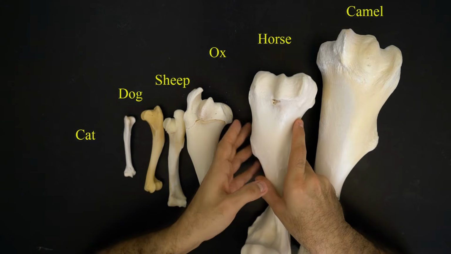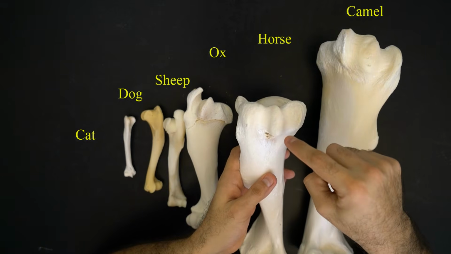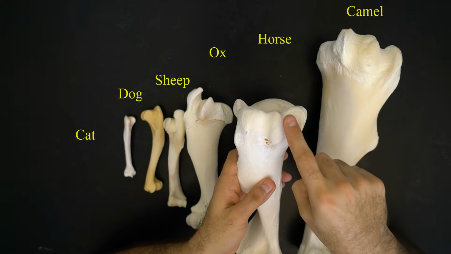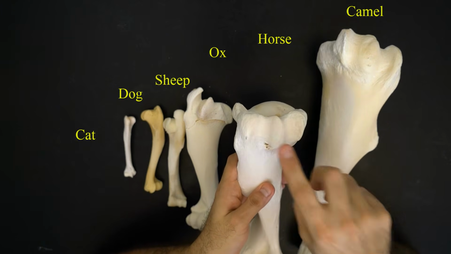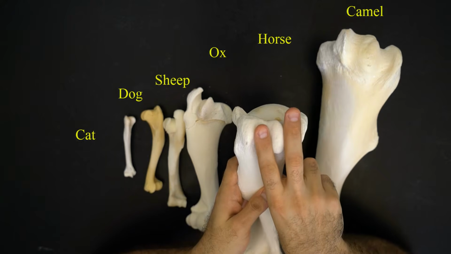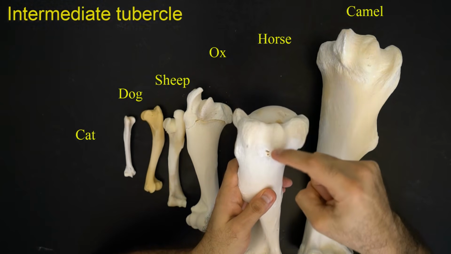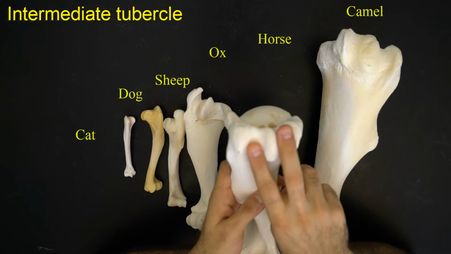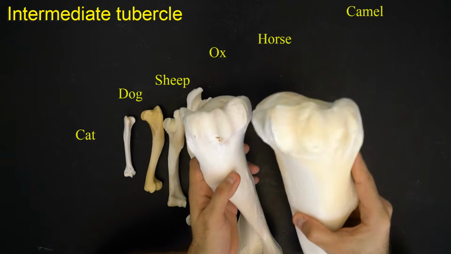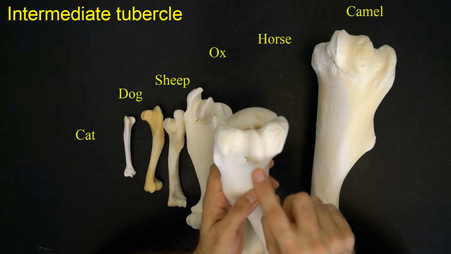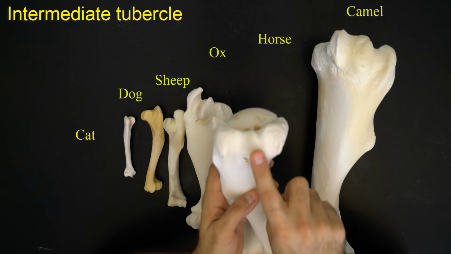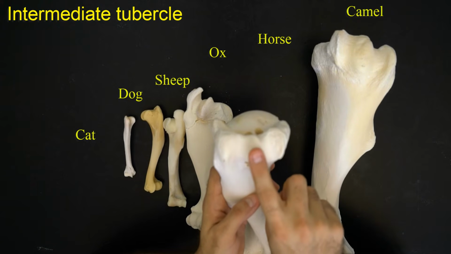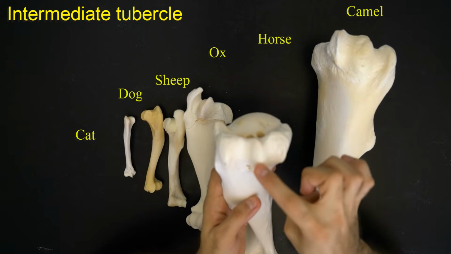Here, there is another feature. If you look at the intertubercular groove, it is divided by what's called the intermediate tubercle in the horse. The same in the camel: we can find this projection in the middle of the intertubercular groove, called the intermediate tubercle.